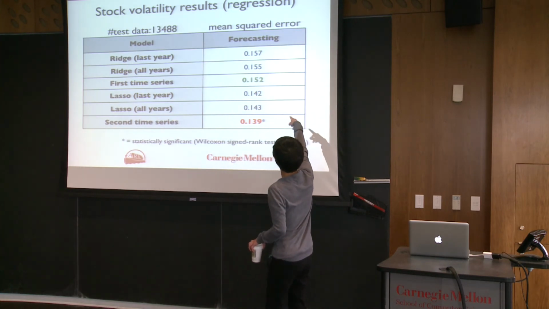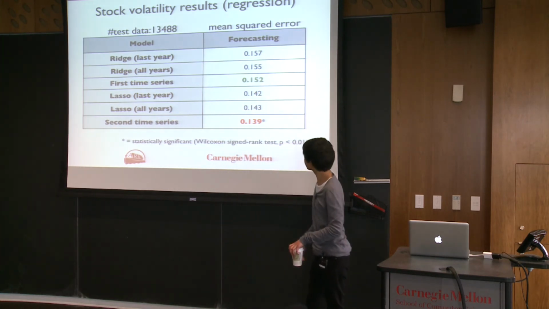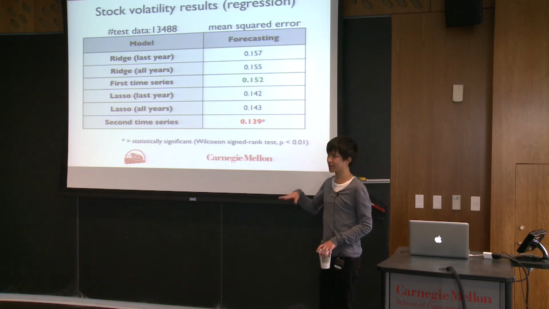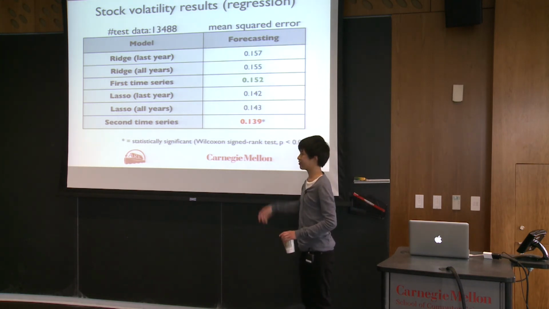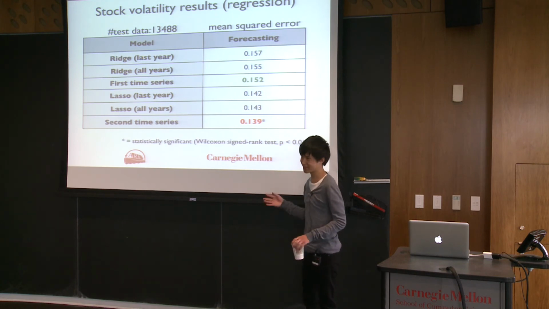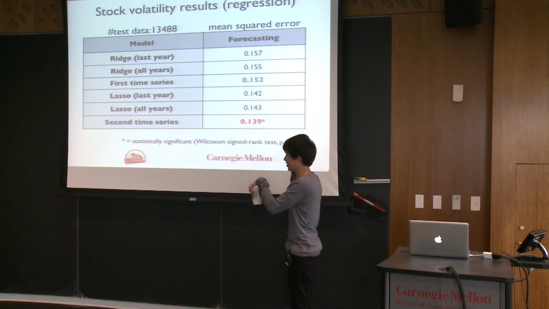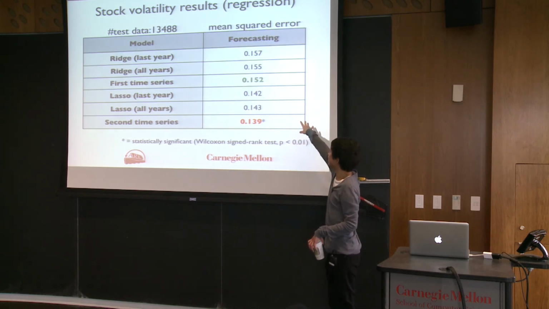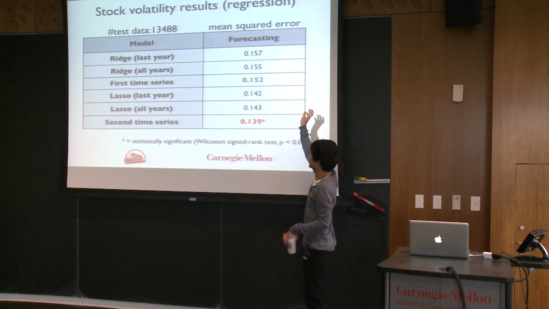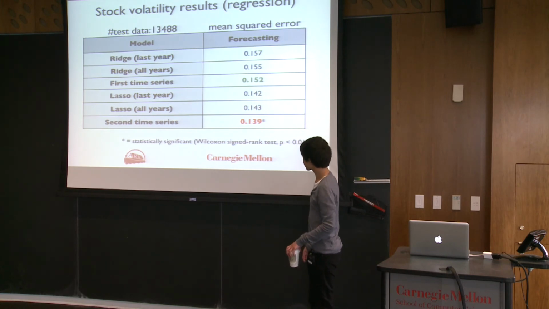It did better than the two ridge models. But specifically for this data set, lasso regression actually did a lot better. We also ran lasso regression for the first task that I showed, but they performed similarly. But our time series model basically beats all the other competing models significantly.